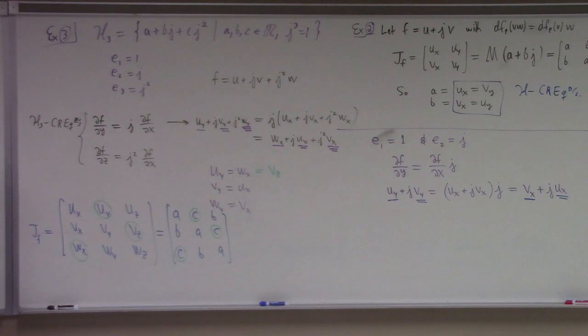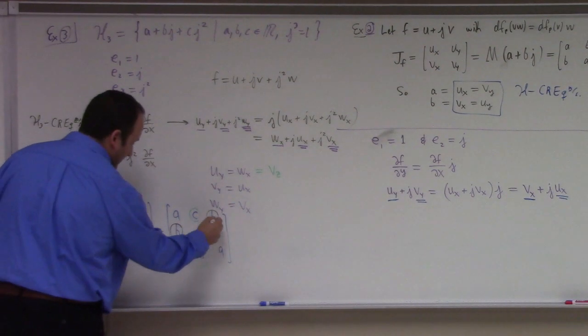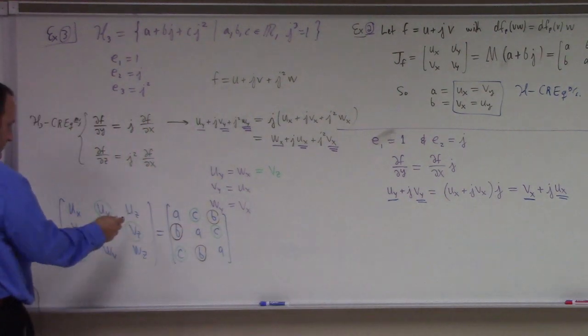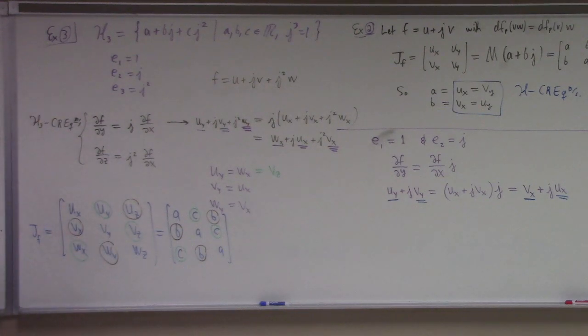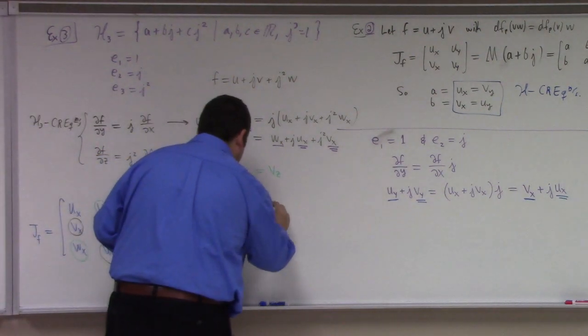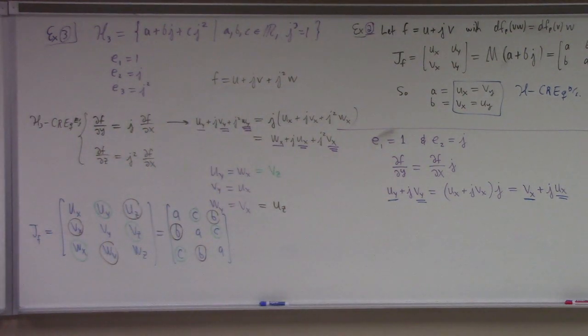And looking at b, we've got b is b, which means that this and this and this have to be equal for an H3 differentiable function, which was vy. Oh, that's the third equation. Vx is equal to wy, which is equal to uz. And the other one, I need another marker.